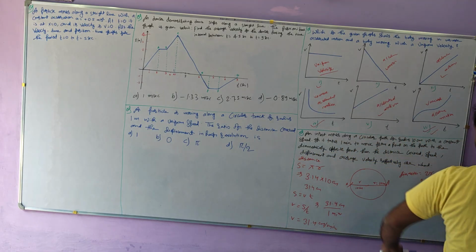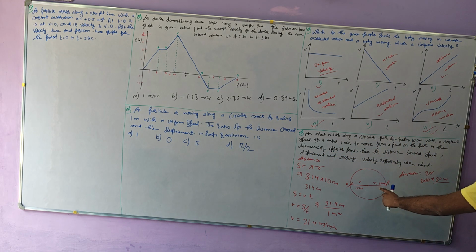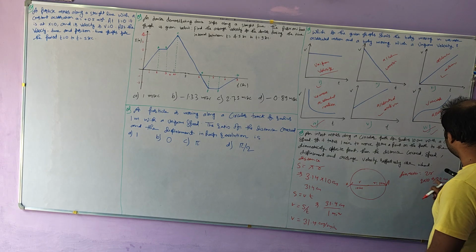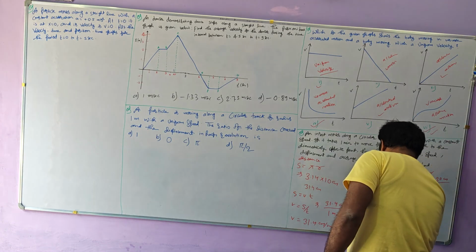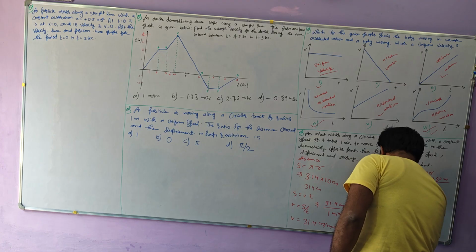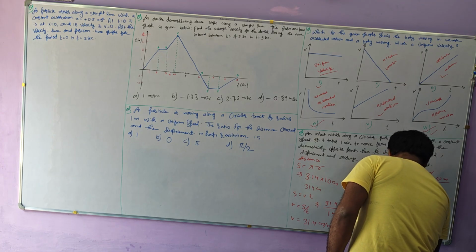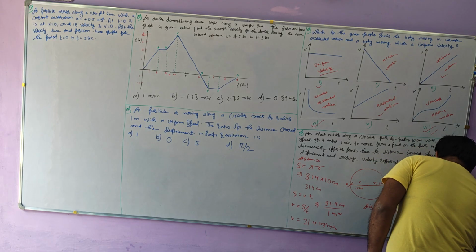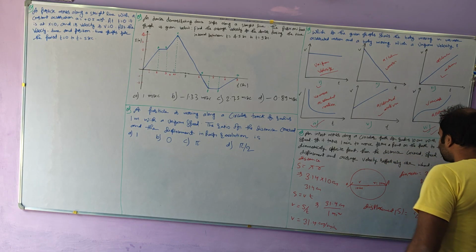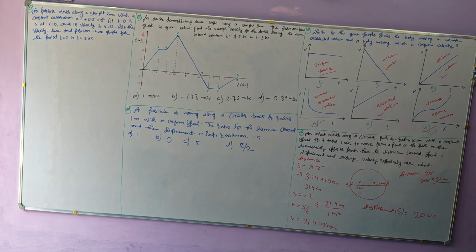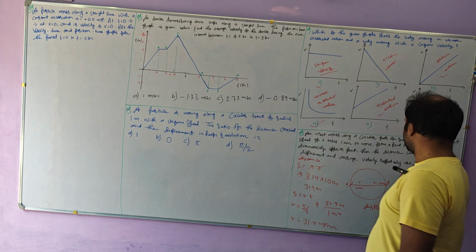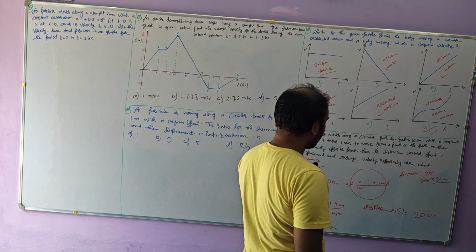Now, displacement is what? The shortest distance, and that is our diameter, 20 centimeter. So S is equal to 20 centimeter. And average velocity is what? Displacement upon time.